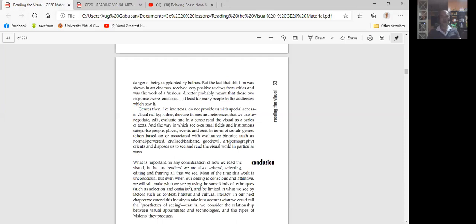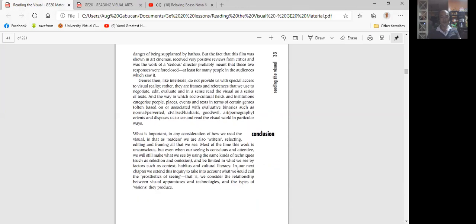So in conclusion, what is important in any consideration of how we read the visual is that as readers, we are also what we call writers, selecting, editing, and framing all that we see.